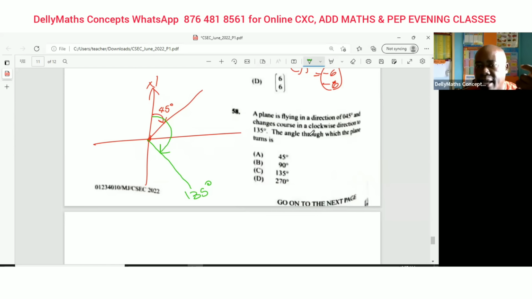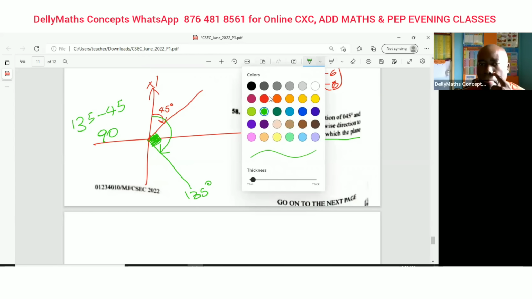The question is asking through how much degree did it turn? All you have to do is say 135 subtract 45, and definitely this is 90 degrees. That means the angle that it turned was 90, so it turned through 90 degrees.